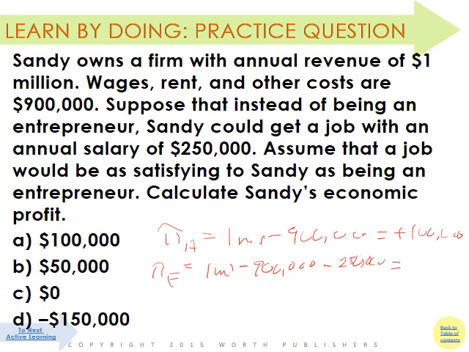So while you have an accounting profit of $100,000, your economic profit would be minus $150,000. So what that means is the first year that you start your own business, you're actually earning $150,000 less than what you could have earned in the next best alternative.